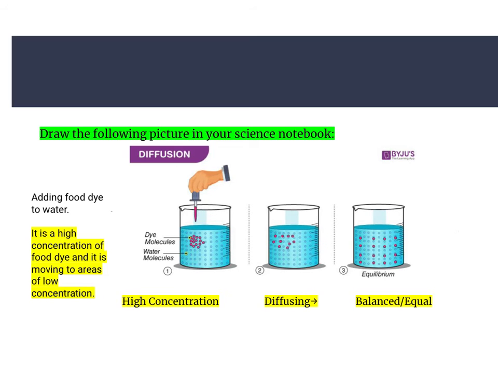And then many minutes later, picture 3, you would see the same shade of purple throughout the beaker. And this whole process is achieved through something called diffusion, and that's when the high concentration of food dye moves to a lower concentration through diffusion.